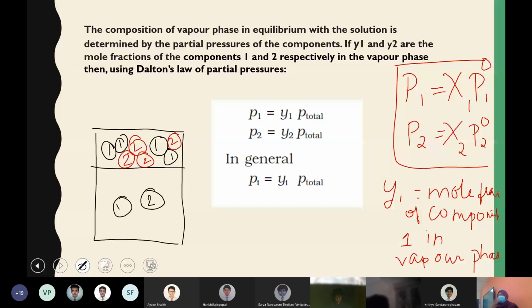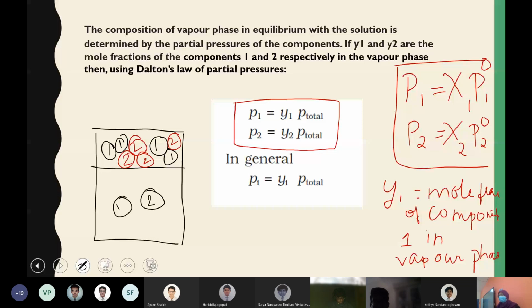The chi1 and chi2, as per Raoult's law, represent the concentration inside the solution, the mole fraction of component 1 and component 2. In the vapor phase also you can express concentration in terms of mole fraction, and in that way, as per Dalton's law, partial pressure will be equal to mole fraction into total pressure, right?